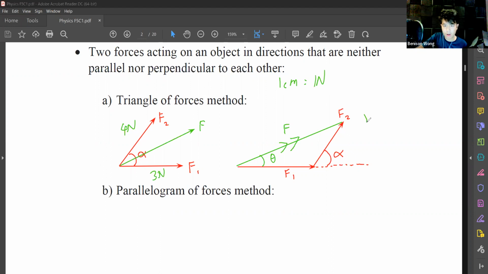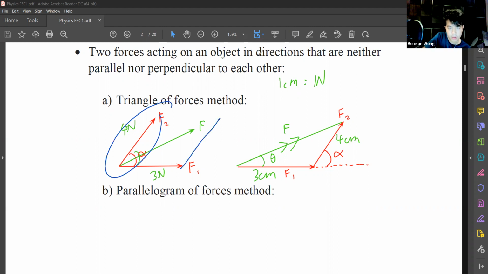So you're going to draw a triangle. This line will be 3 centimeters. And then you draw this line as 4 centimeters. And then the angle here will be the angle here. Okay, you're basically moving this force to be here. Once you move it here, you draw a line connecting these two.